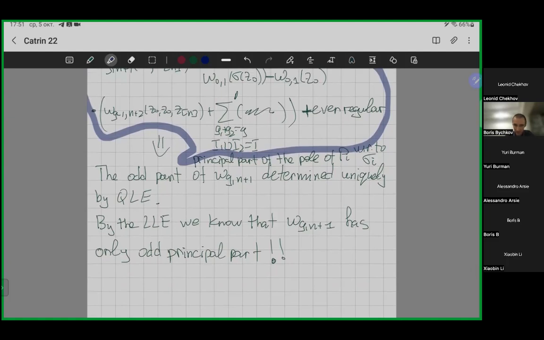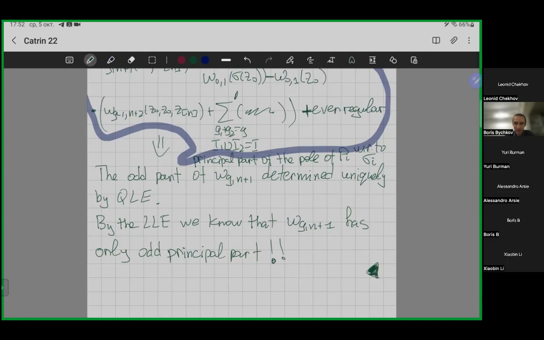Okay, so I would say that I more or less prove this theorem about the reformulation of topological recursion relations.